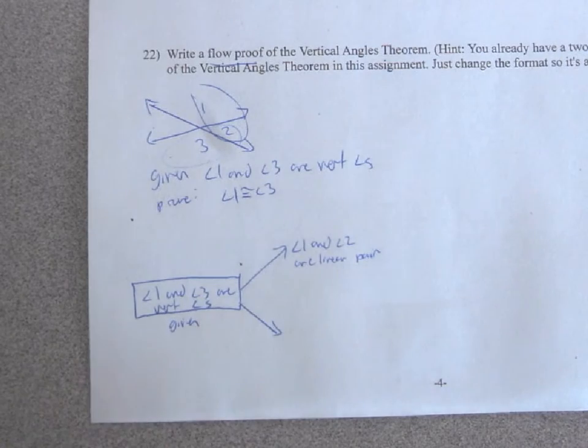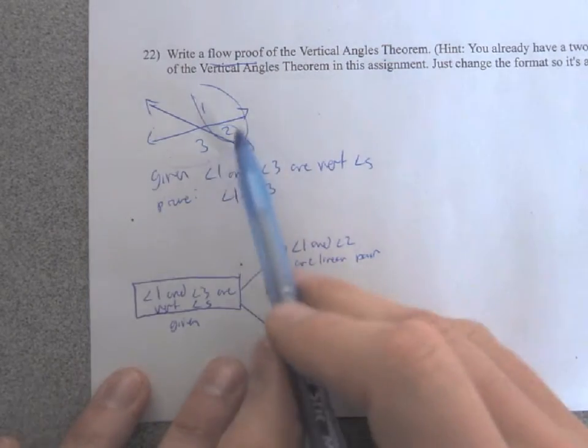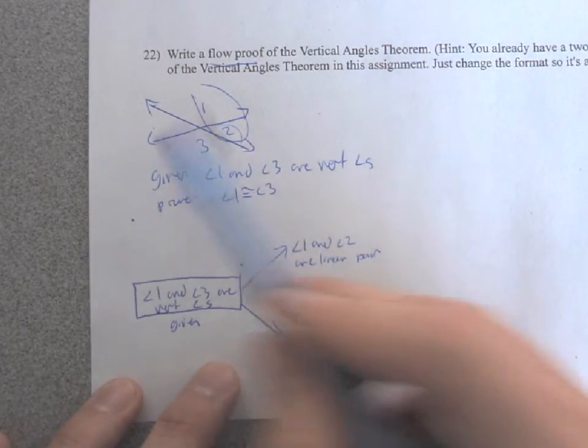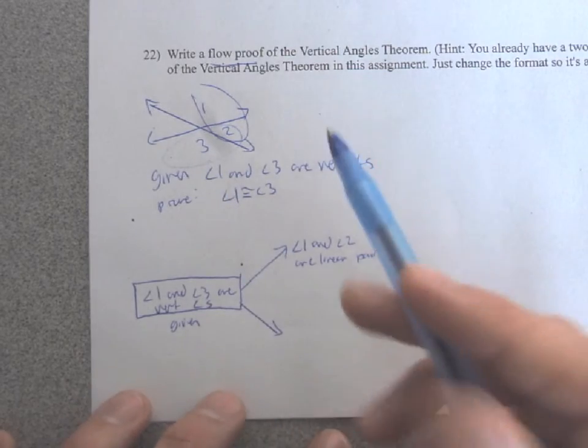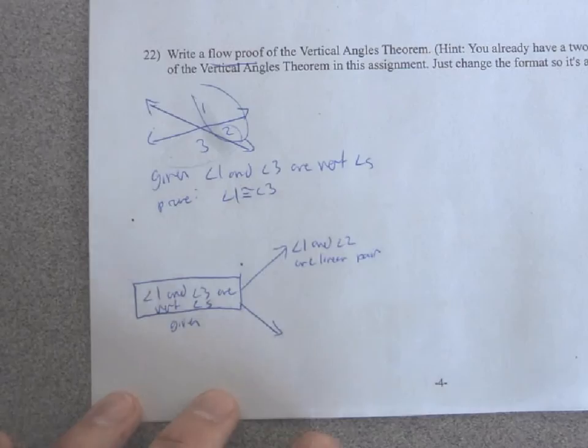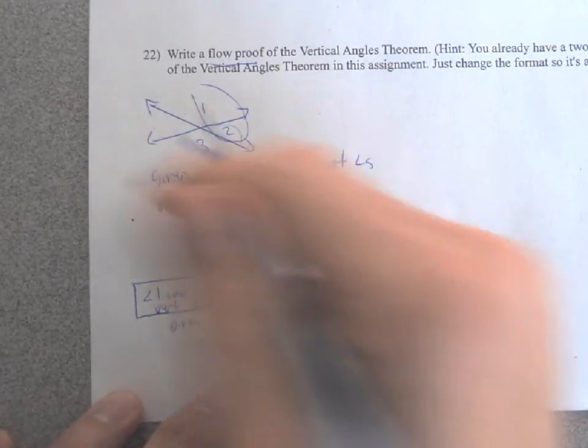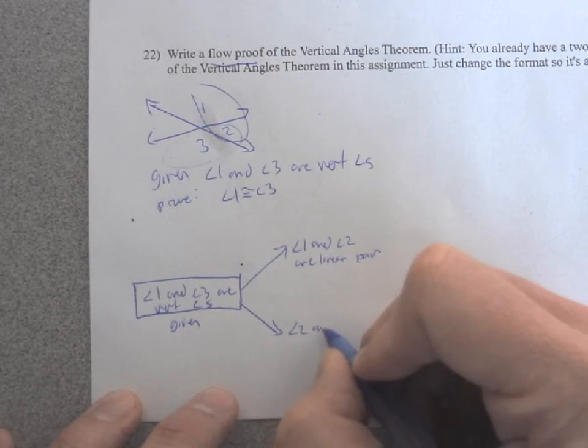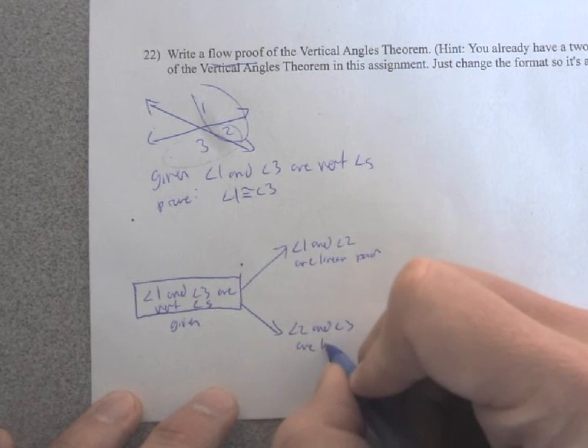If we have 1 and 3 vertical angles, then we know we're going to have these other angles involved that are in between them. And so that's where angle 2 is. So building off of this figure that we built, we're going to get the linear pairs. Angle 2 and angle 3 are a linear pair.